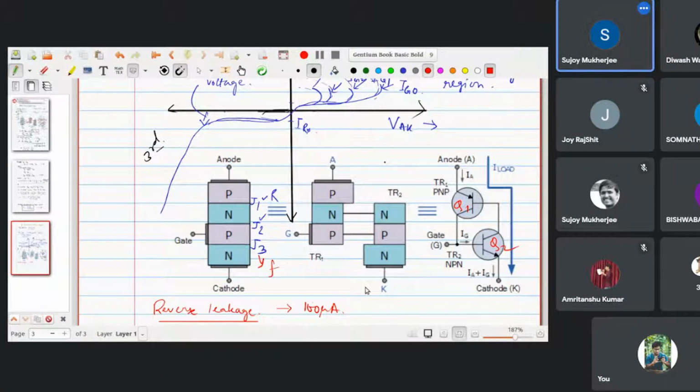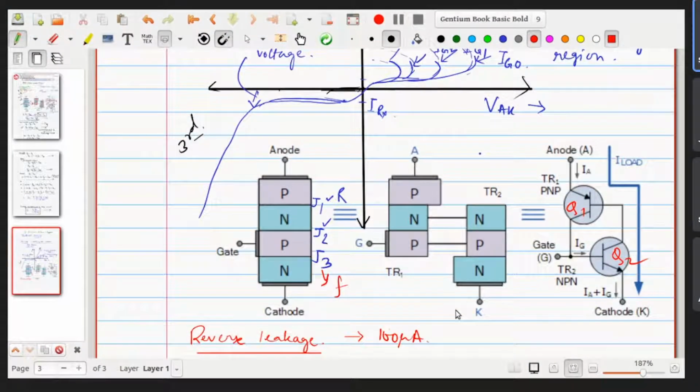In the concept of the PN junction, we have studied the P type and the N type, and who are the majority carriers and who are the minority carriers. In the P type, the majority carriers are the holes. In the N type, the majority carriers are the electrons.